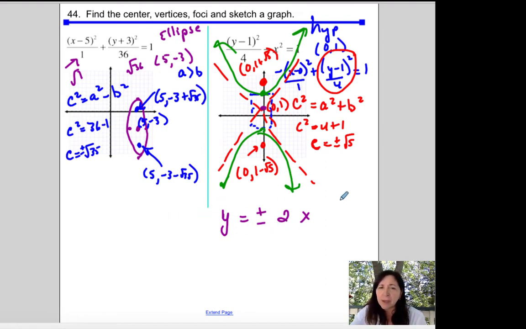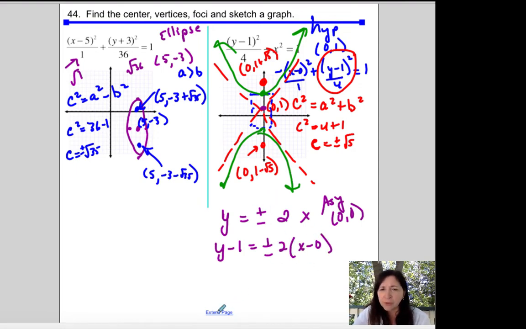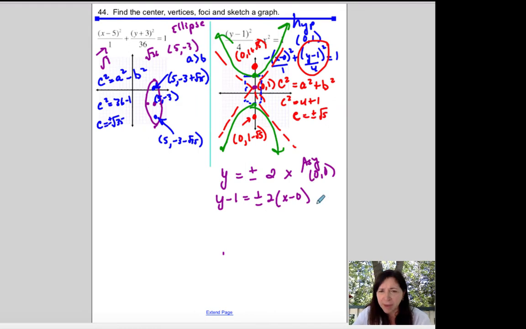This would be my asymptote equation if my center was at (0, 0), which it's not. So because my center has moved, I have to make allowance for that. So that'll be y minus 1 equals plus or minus 2 times the quantity (x minus 0). And so those are my equations. That's the equation of my asymptotes for this problem, because the center has been moved.